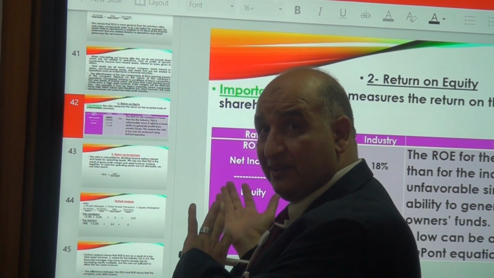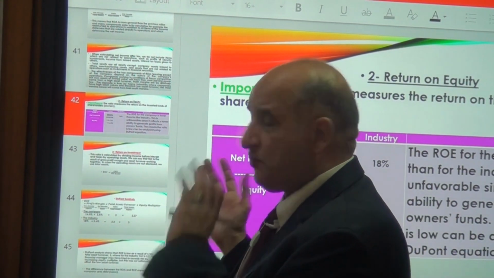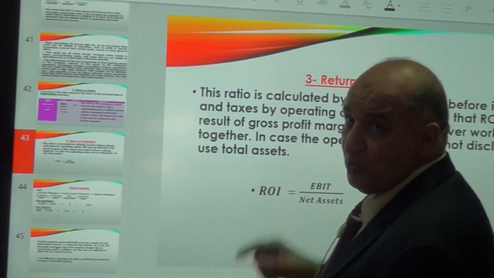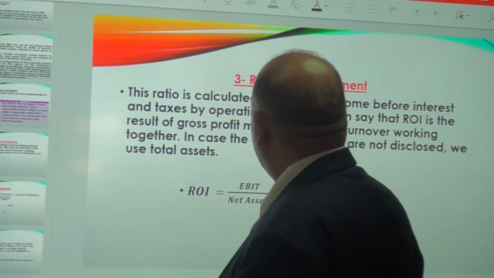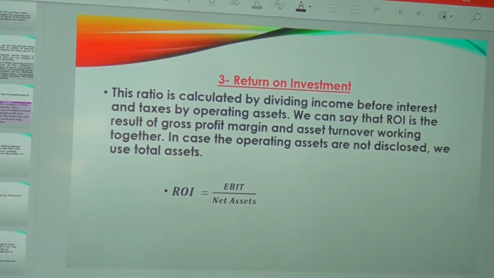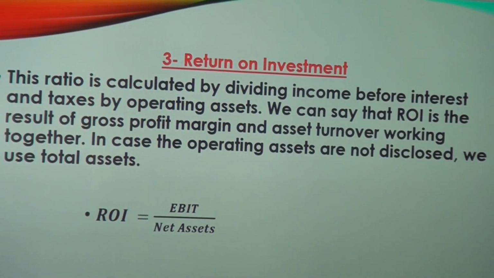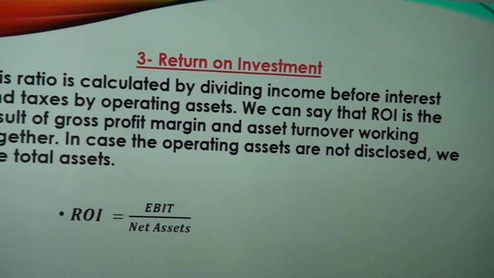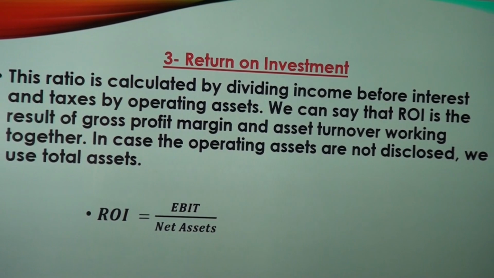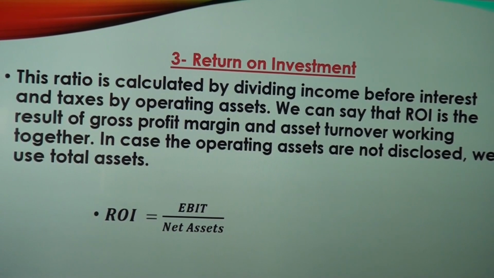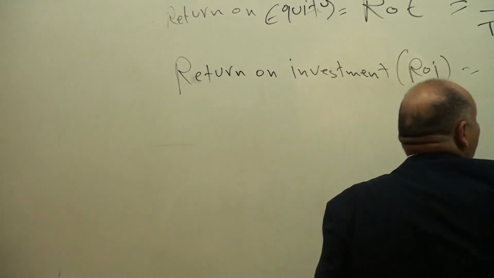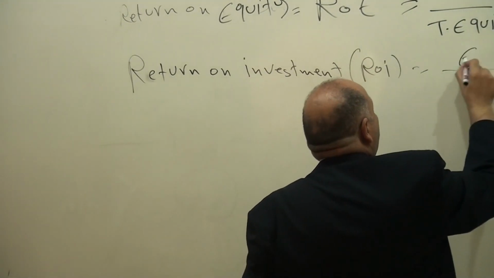I will come back again to return on equity, the most important ratio. But before this, I need to explain another ratio, which should be number 4. We call it return on investment, normally ROI, which equals, not net income in this case, but EBIT.